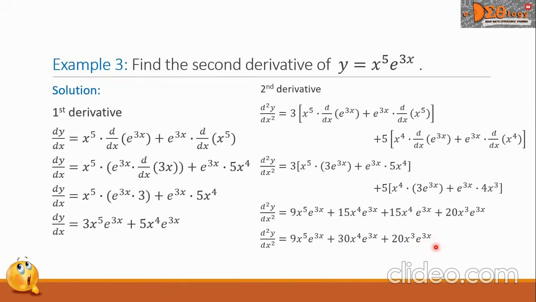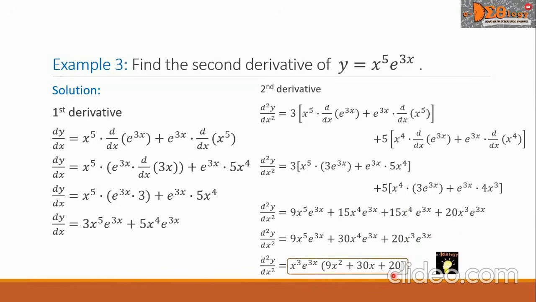Factoring out that common term, we have x cubed e raised to 3x times the quantity 9x squared plus 30x plus 20. This is our final answer.